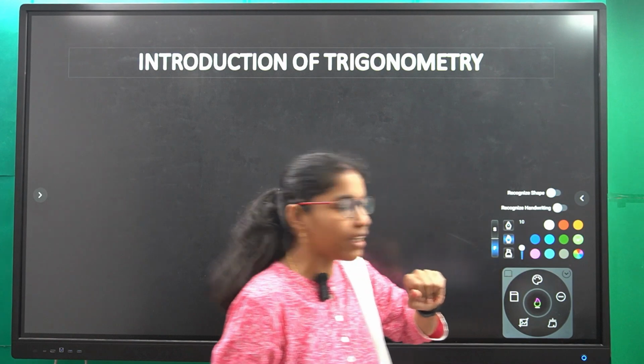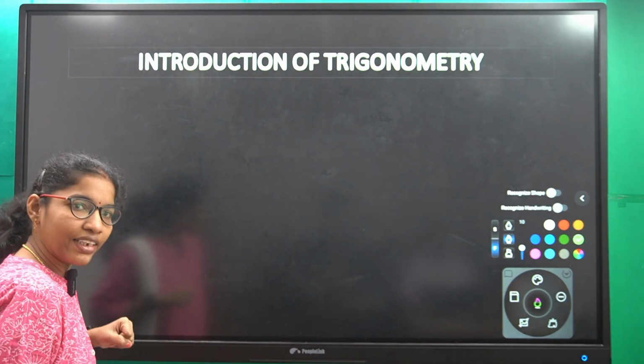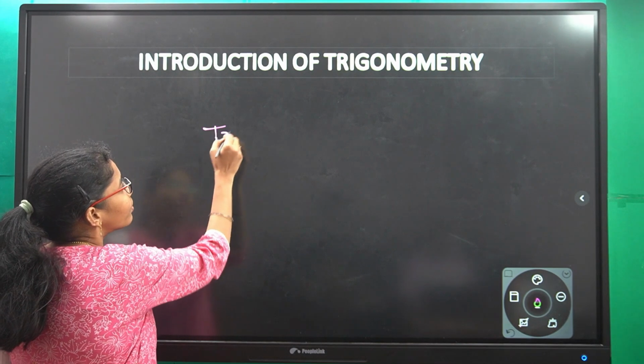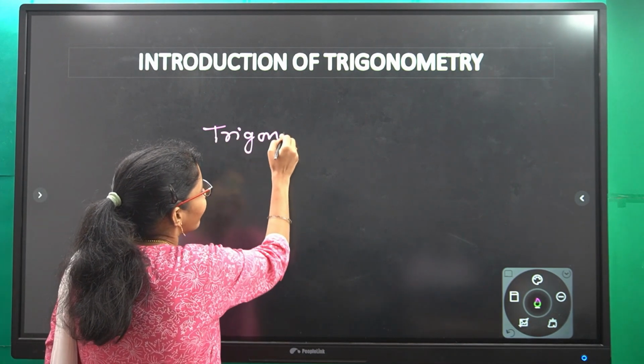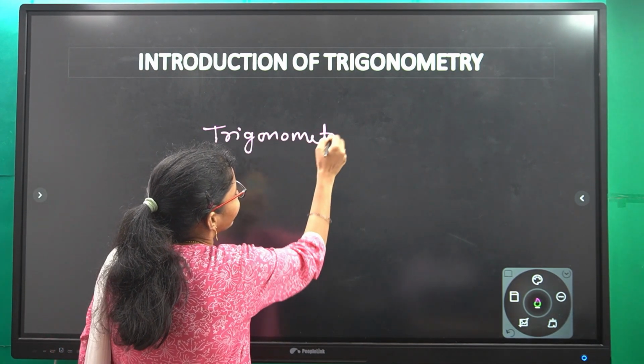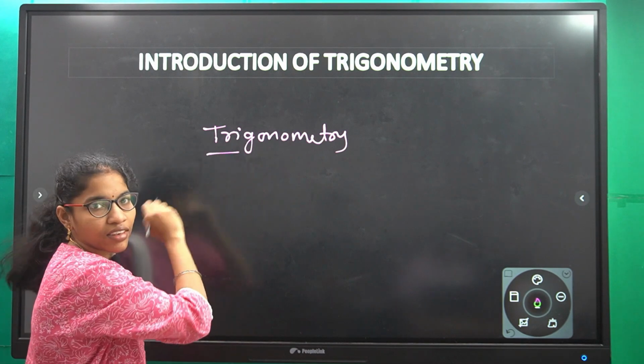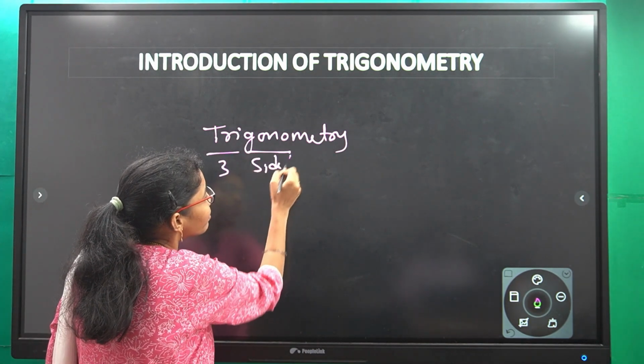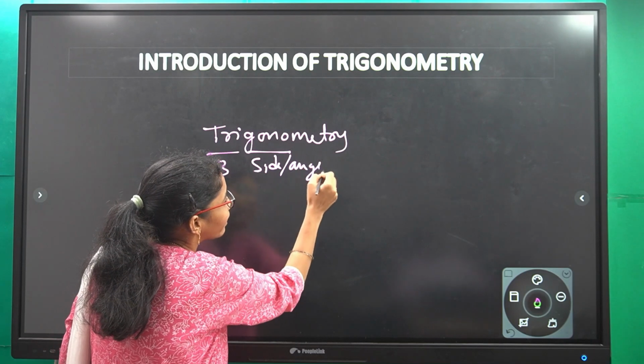Tri means three, gono means angle or sides, metry means measurement, right? So trigonometry means the measurement of three angles or three sides. Gono means either side or angle.